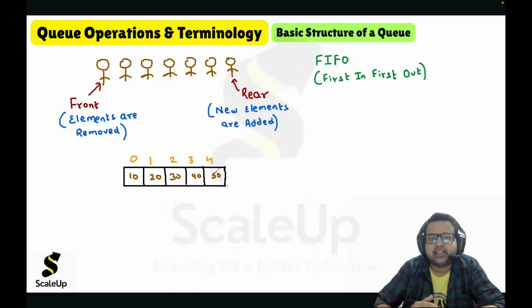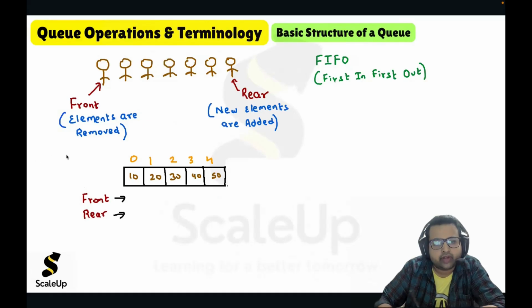This array is representing a queue, so it has to have a front and rear. Here the front is index 0, pointing to element 10. Similarly, rear is index 4, pointing to element 50.